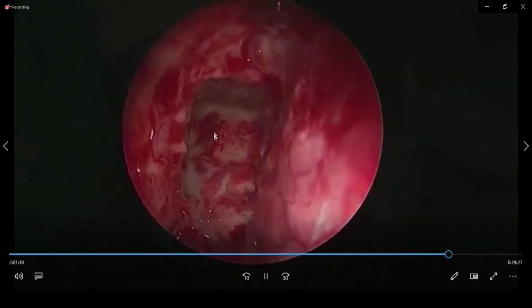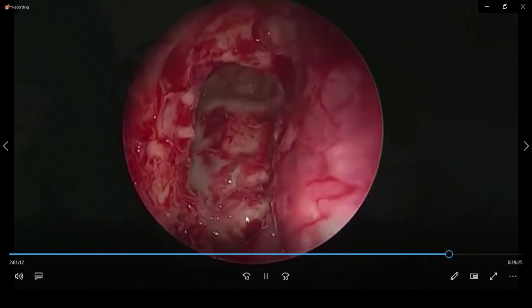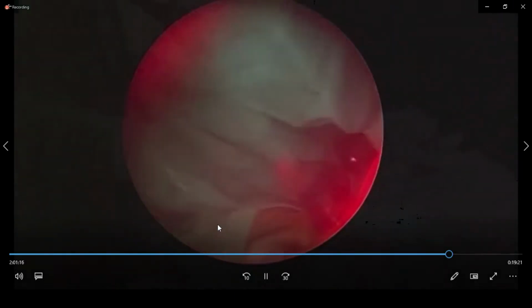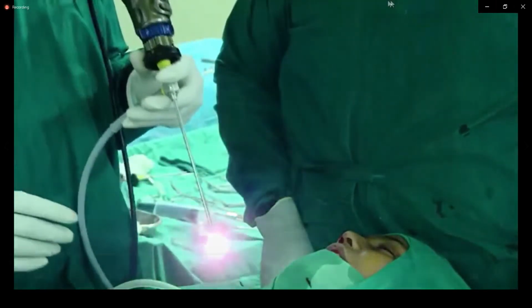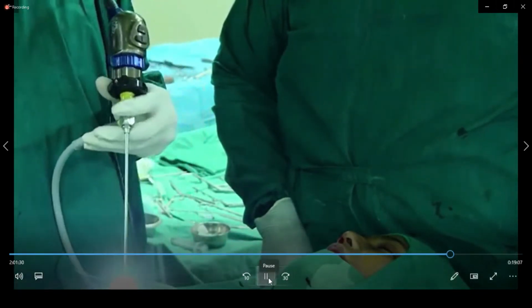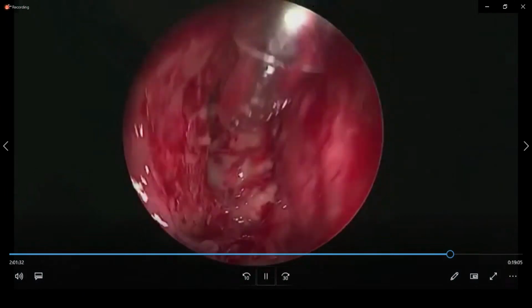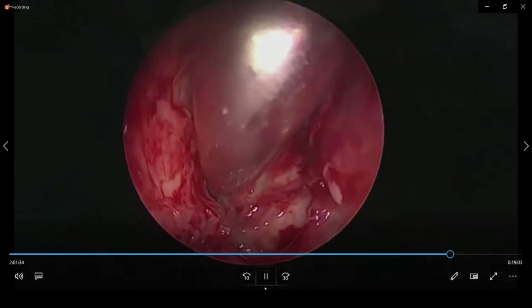So this is the anterior ethmoidal roof right from here to here, and that's the artery running along the roof. So the artery runs along the posterior part of the anterior ethmoidal roof, not the anterior one. So while working anteriorly, particularly anterior to the attachment of the bulla onto the skull base, it is pretty safe.